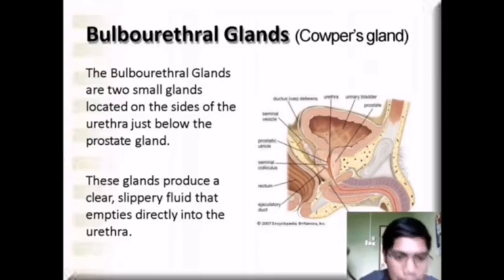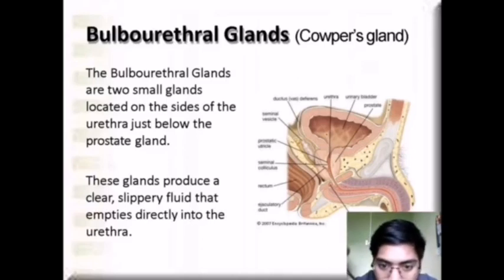Bulbourethral gland. The bulbourethral glands are two small glands located at the side of the urethra just below the prostate gland. You can see the diagram. This one.